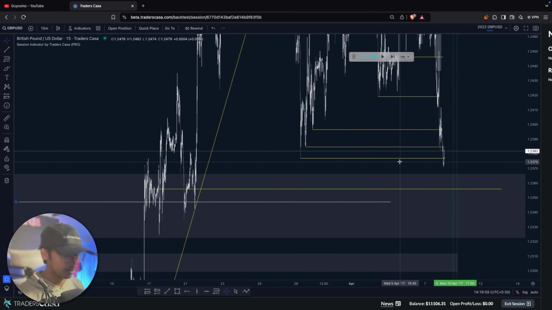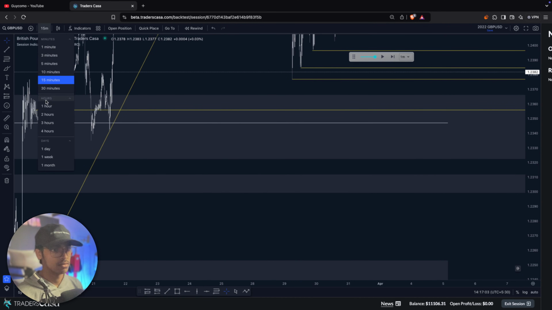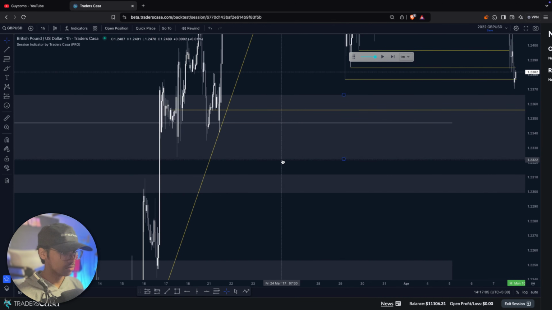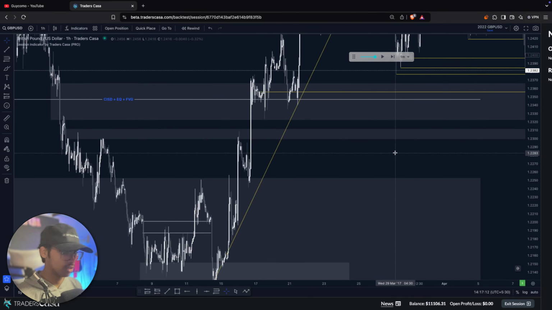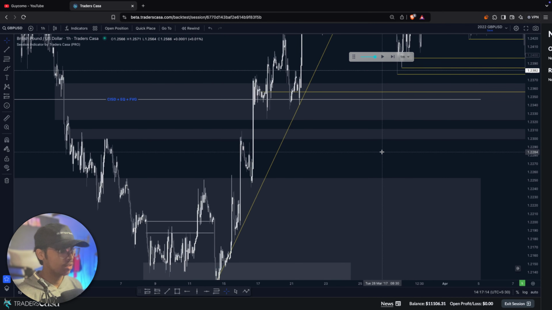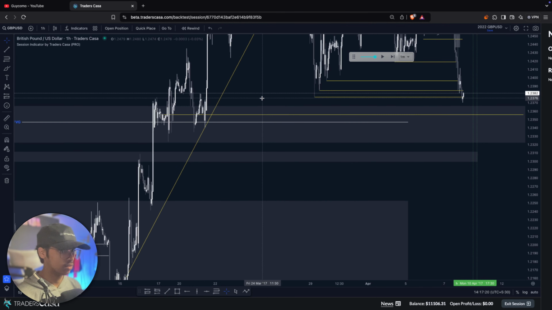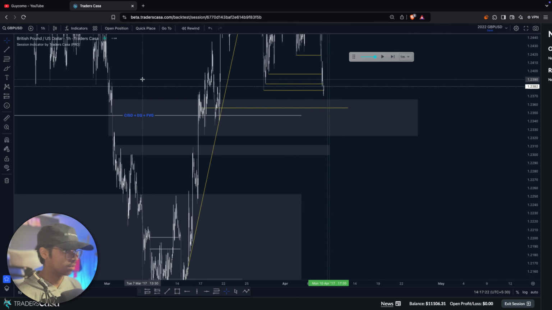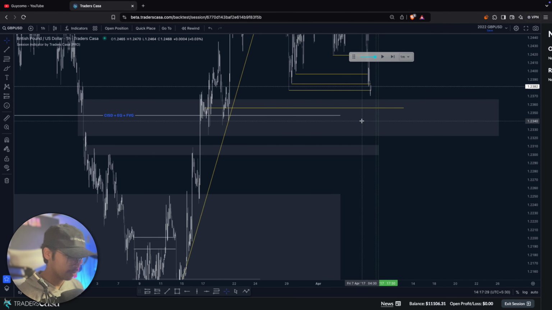So there's an equilibrium price swing as well. If the price wants to swing back higher, so there is an inverted fair value gap as well.